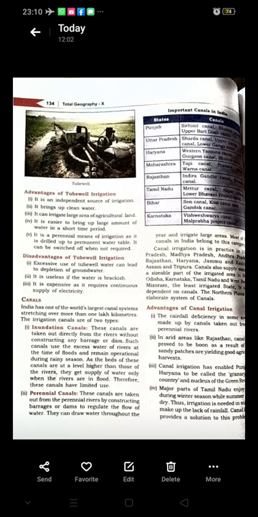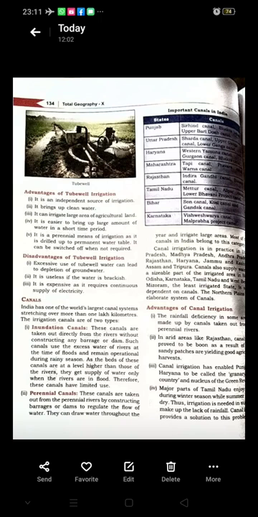Only when the river is in flood, the extra water comes down and fills up these canals. The canals are taken out from the rivers when they are in flood and when there is excess of water. Hence, they are dependent on the rains to supply water.